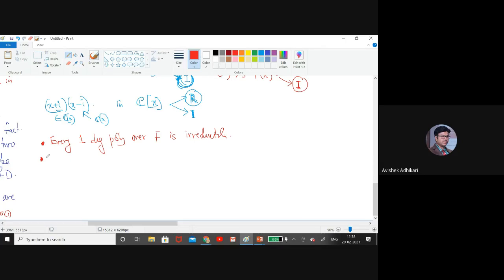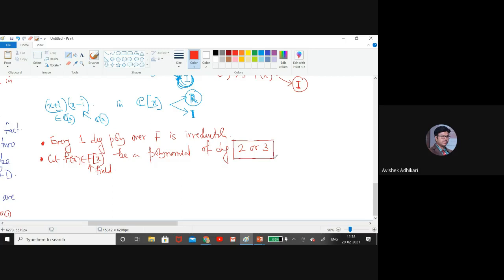The next result, what I say: let f(x) belong to F[x], where F is a field, be a polynomial of degree 2 or 3. This is very important.